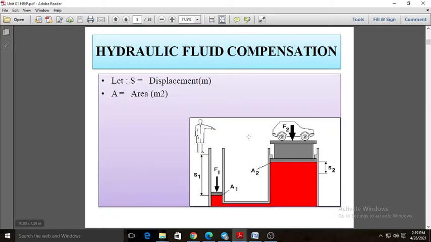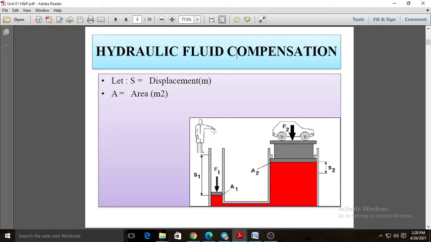Here you can see when you push down or apply force on point 1, this force gets transmitted through the fluid to point 2, and at point 2 it starts to lift the vehicle. So why does this vehicle get lifted up?